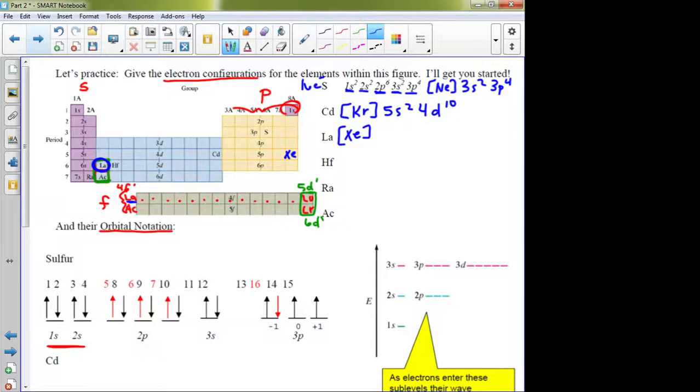What comes after that? 6s2. And then be careful what comes next. 4f1. Do you see how after 6s, we've got to jump down to the f's before we can ever come back to 5d? So this would be 6s2, 4f1.